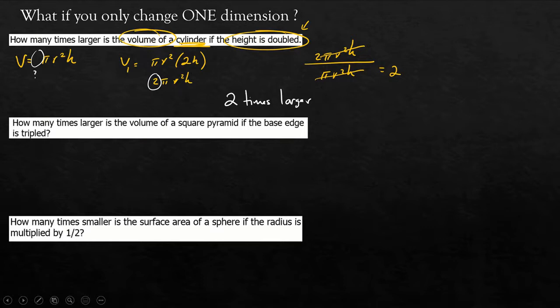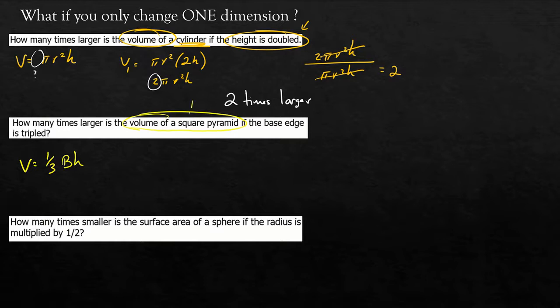It says how many times larger is the volume of a square pyramid, right? So first of all, we're going to start off with the volume formula for a pyramid, which is 1/3 base times height. Now, we can't leave it as base, right?